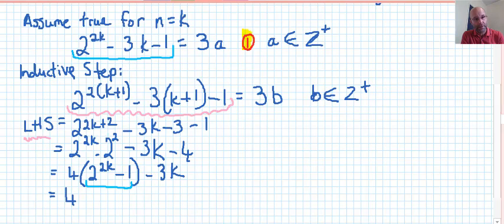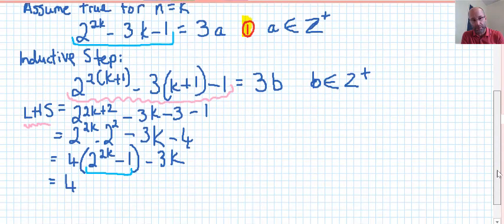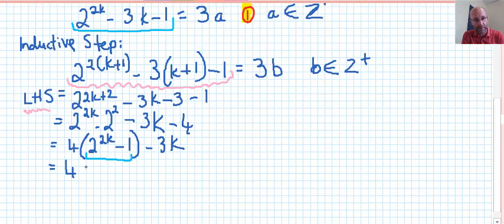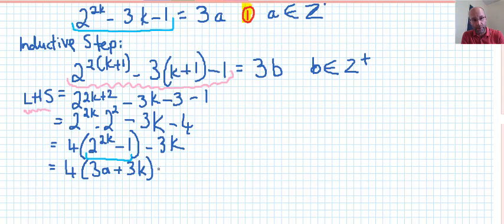Forgivably, initially that is a tough step to see, but that's why we practice these to become familiar. So what we have is actually 3a in the brackets there, but we've had to add 3k on there. So we have 3a plus 3k in the brackets. We still have minus 3k on the outside. So we've used 1 there.